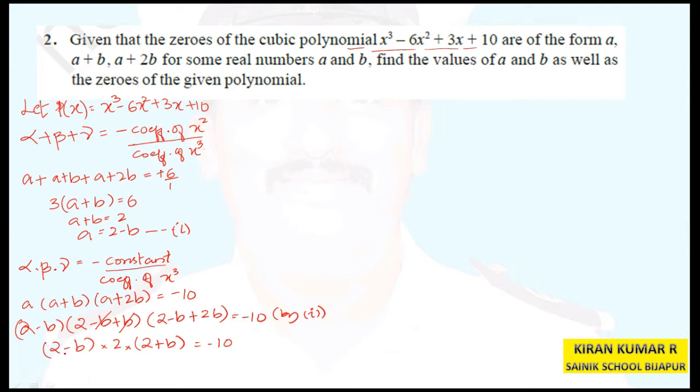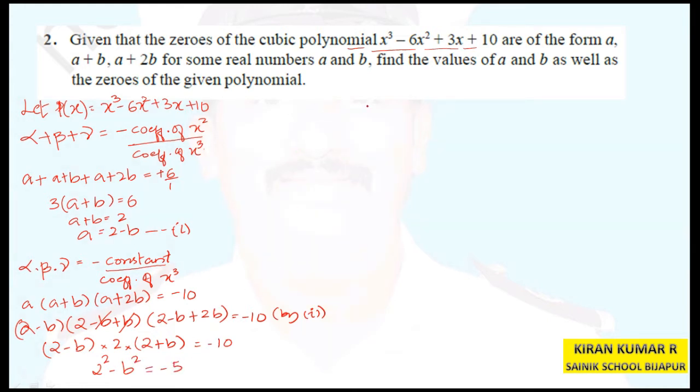This is like a minus b into a plus b, which is a squared minus b squared. This 2, I can divide both the sides by 2. I will be getting 2 squared minus b squared into 2 equals minus 5.